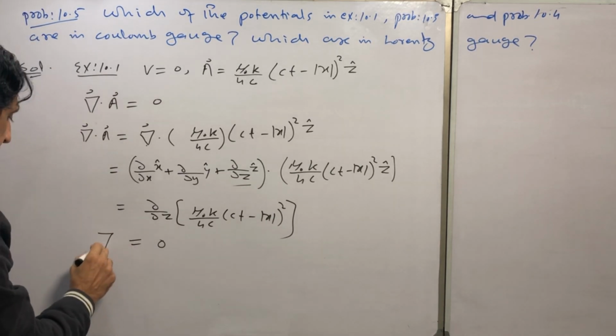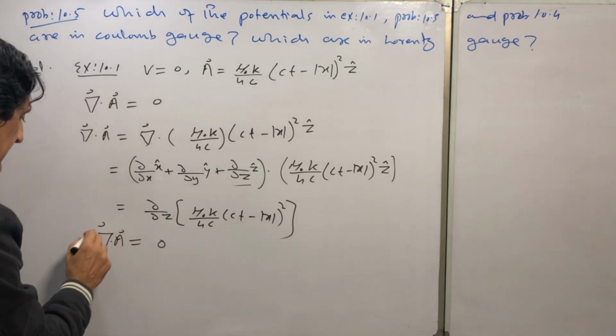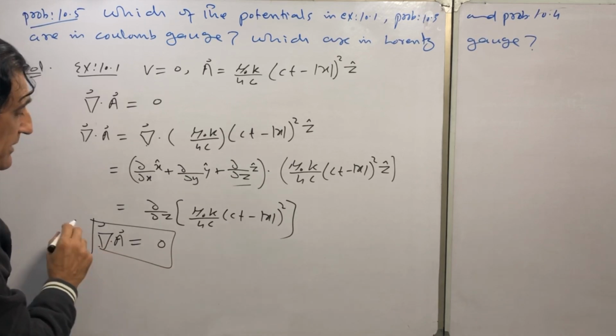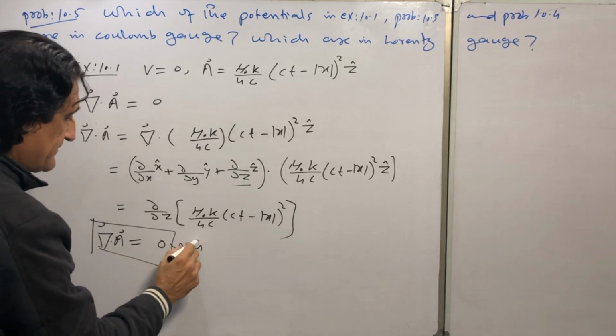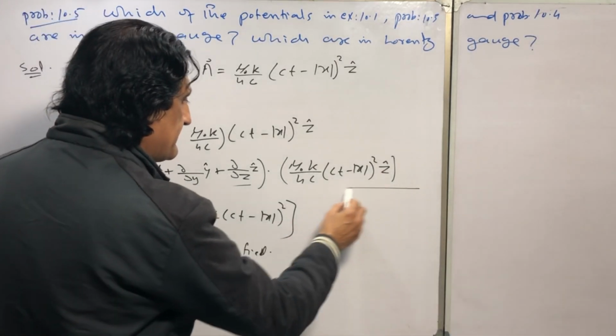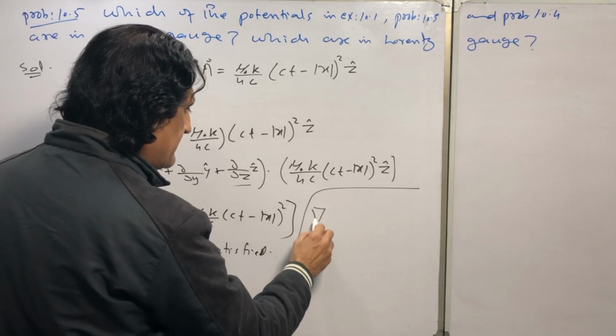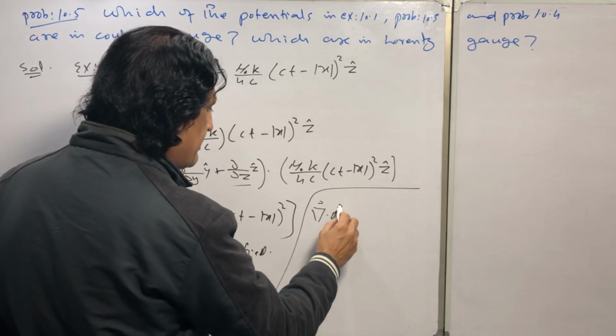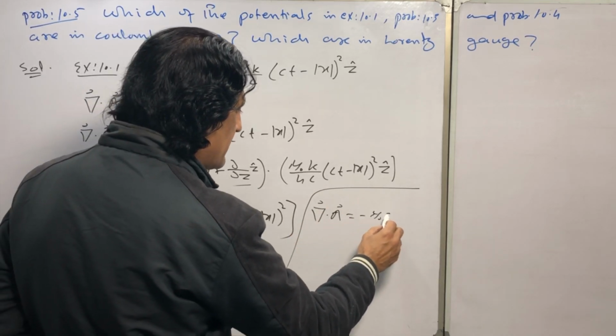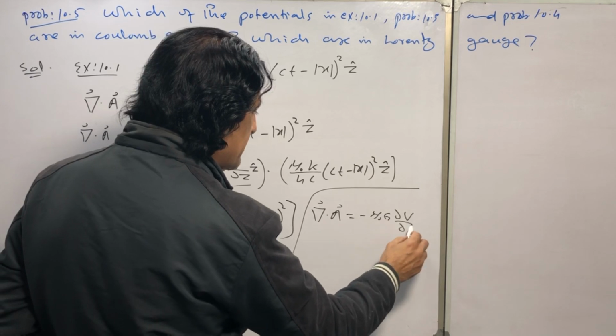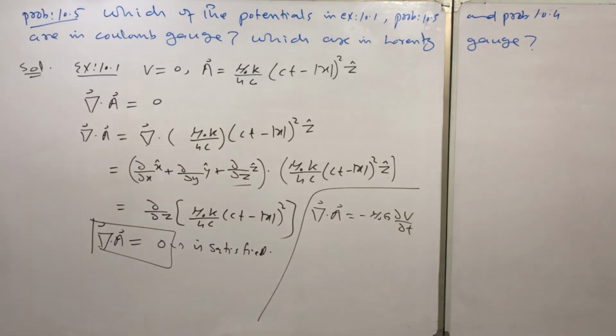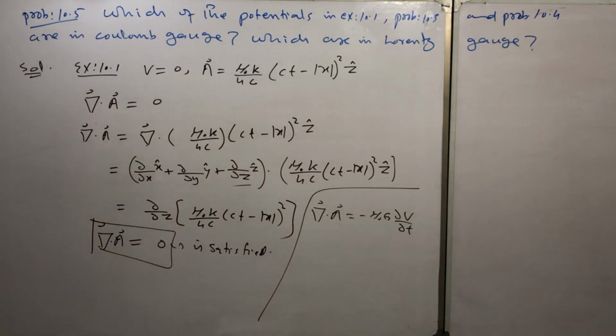If this is equal to 0, then the divergence of A, the Coulomb condition, is satisfied. Then the divergence of A is equal to minus mu naught epsilon naught partial V divided by partial t. This is the Lorentz gauge.